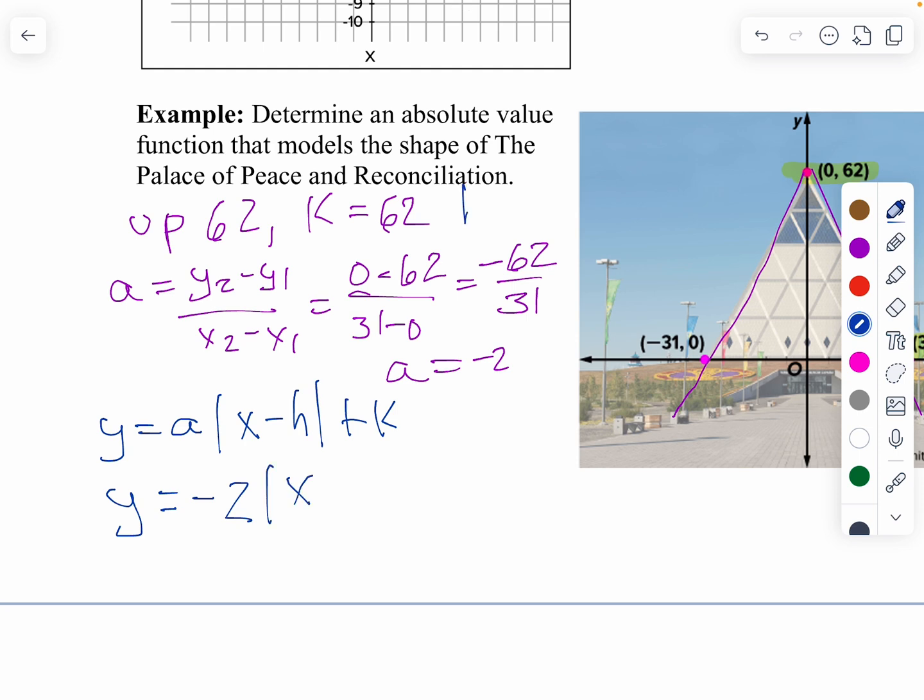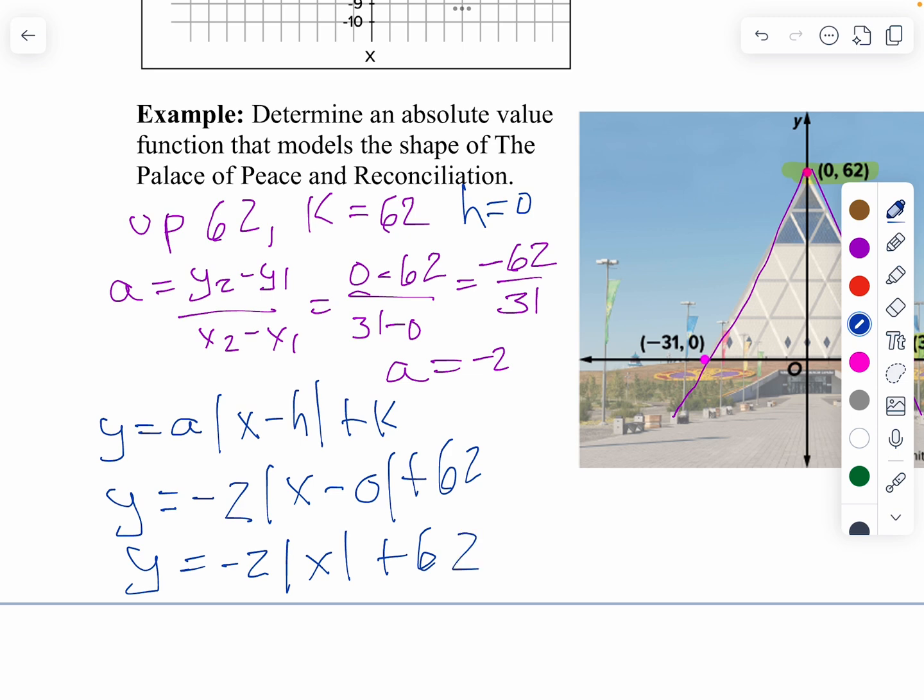H is actually 0, isn't it? Because I'm not moving it left and right. So I will say for this one, x minus 0, and then plus 62. Then I can simplify that. Negative 2, absolute value of x, plus 62 is our answer. And that's what we get for an answer for that equation.